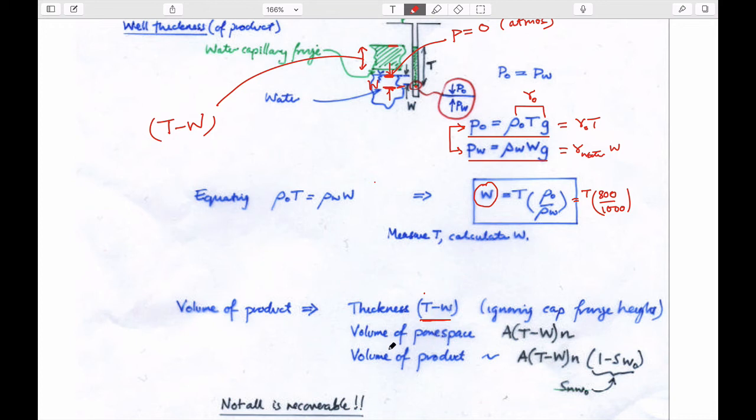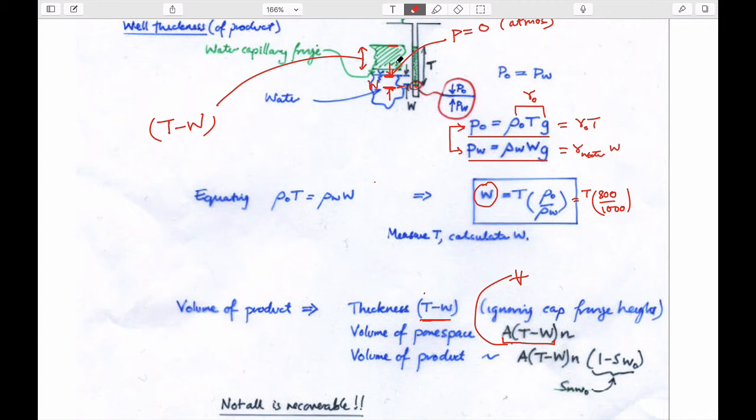If it's over an area in plan view that is A, then this is the total volume that is included. This is, if you like, uppercase V. The volume of the pore space we get by multiplying by the porosity. And so the total volume of the pore space is this.